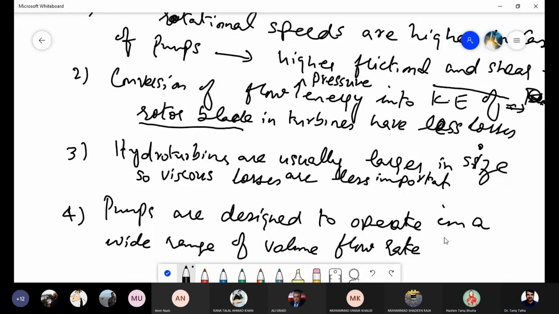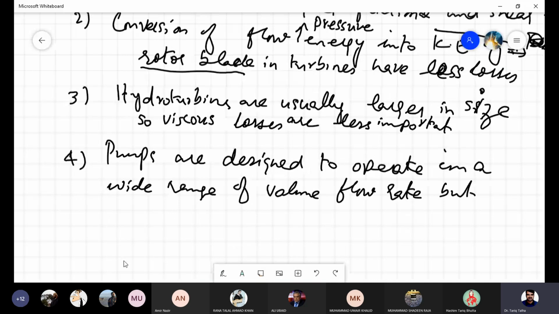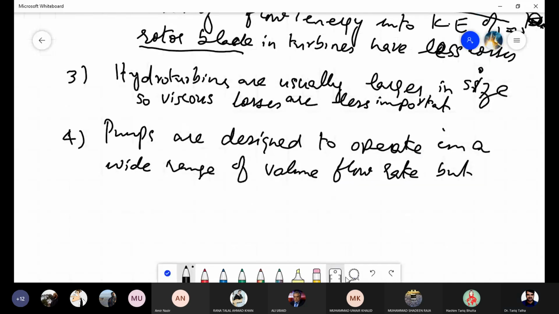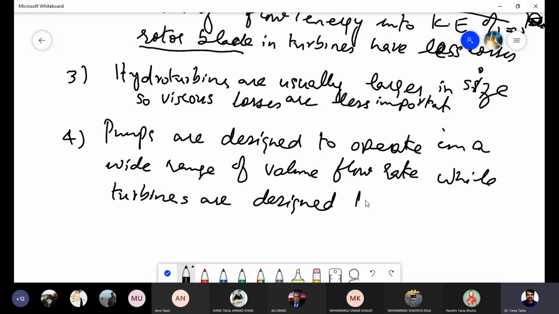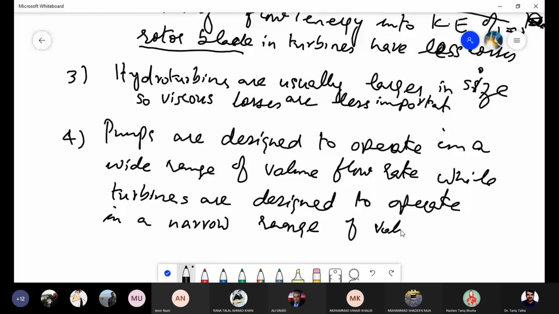Whereas turbines are designed to operate in a narrow range of volume flow rate, right?